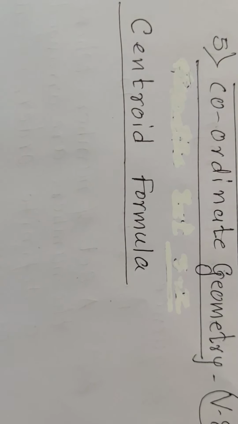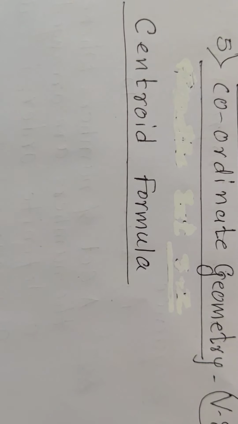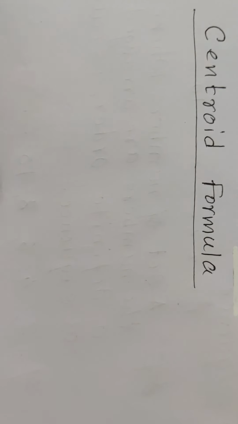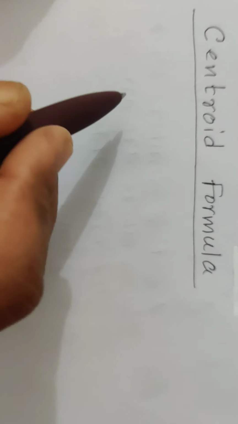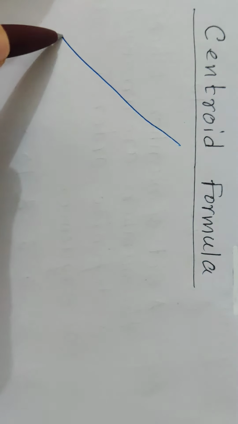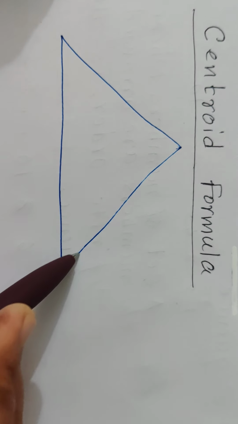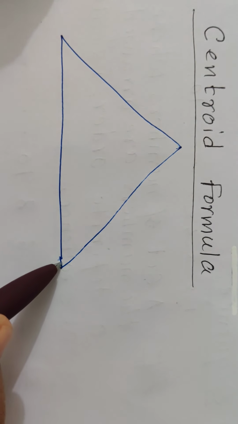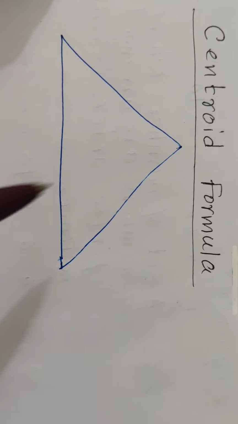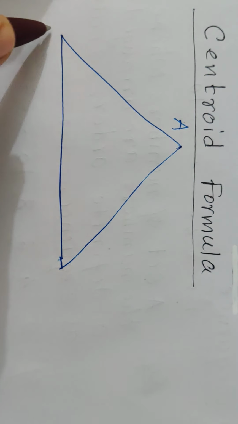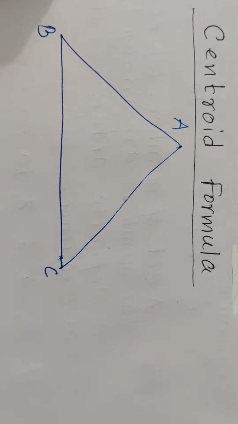To understand the centroid formula, we will see the diagram of a triangle first. What is meant by centroid, try to remember first. See, ABC is the triangle.